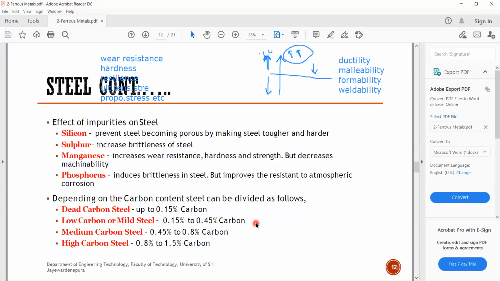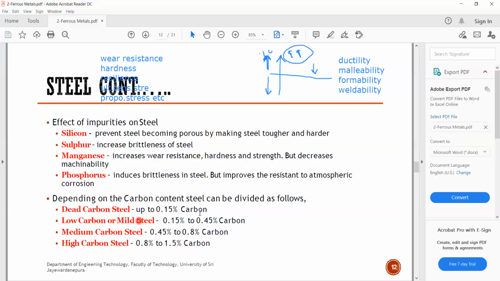Then you can classify the steel further into low carbon, medium carbon, and high carbon steel. You can easily understand from the names, because depending on the carbon content the steel is classified like this. Low carbon has a low amount of carbon, medium has a medium amount, and high carbon has a high carbon percentage, right?